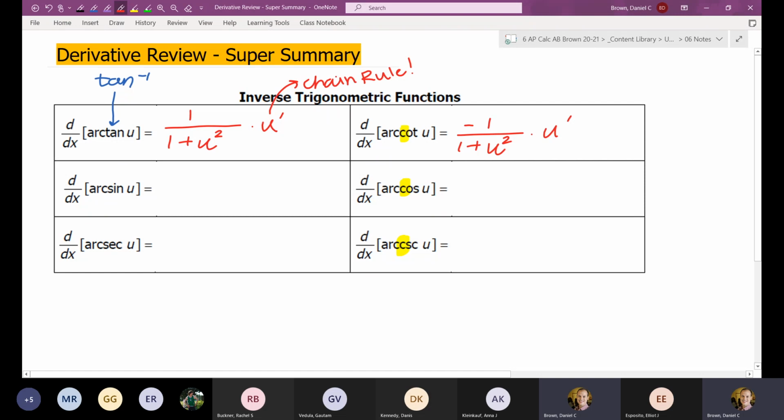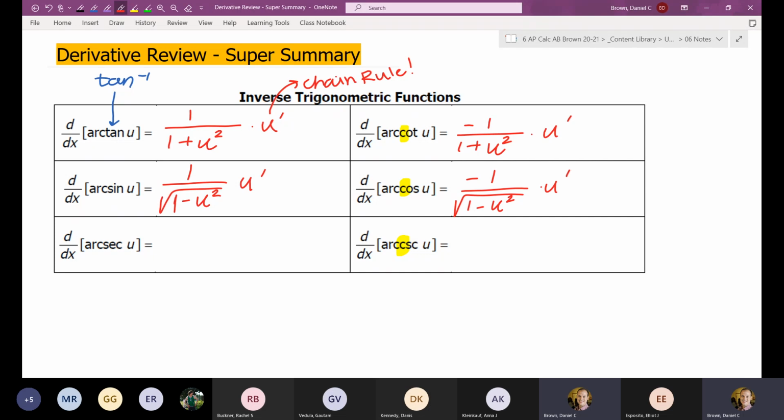And again, chain rule. Arc sine and arc cosine are related. They have a square root sign in them and a minus sign, and that is a 1. Arc cosine is just the negative version of arc sine. And then arc secant and arc cosecant are the weird ones.